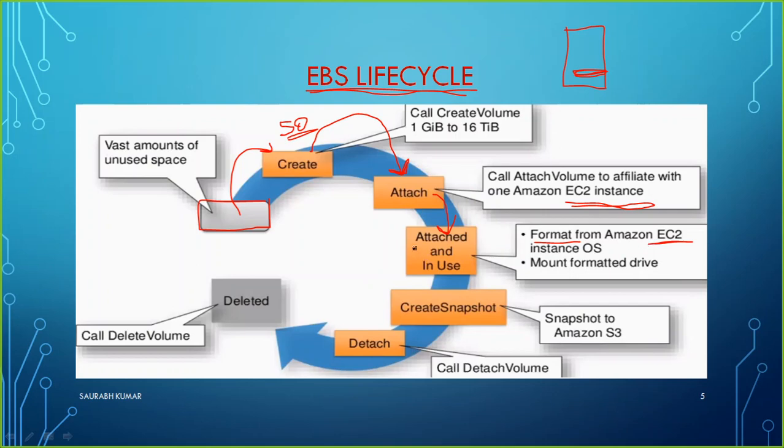For example, if you attach it to an instance running the Linux operating system, it will be formatted in ext2, ext3, those kinds of file systems. If you attach it to a Windows machine, it will be formatted in NTFS, FAT or exFAT. Then it will be mounted. That formatted drive will be mounted, meaning connected, and it will be in a usable condition.